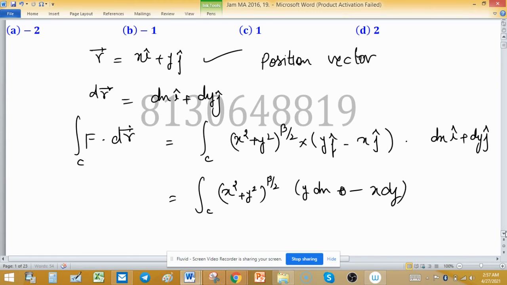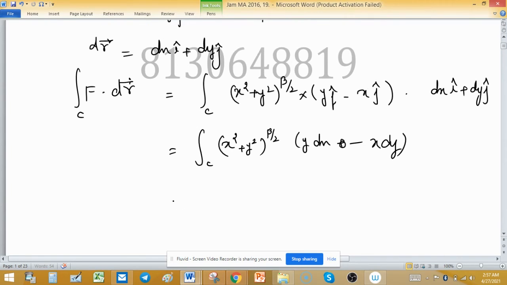So we can write this in simplified form, as the curve is given: x square plus y square is a square. This is the equation of a circular disk, and if we understand, this is the equation of a cylinder in 3D, but this is a curve, so this is the equation of a disk.